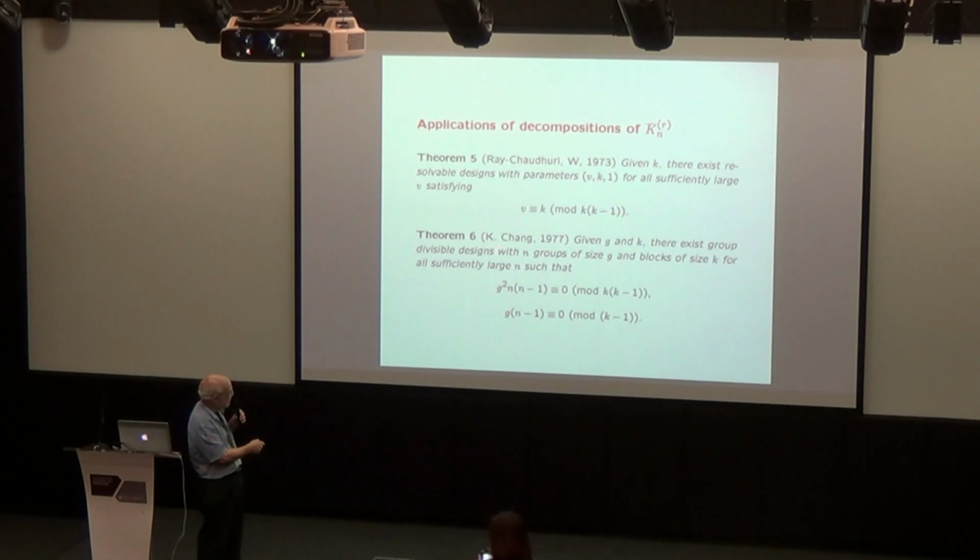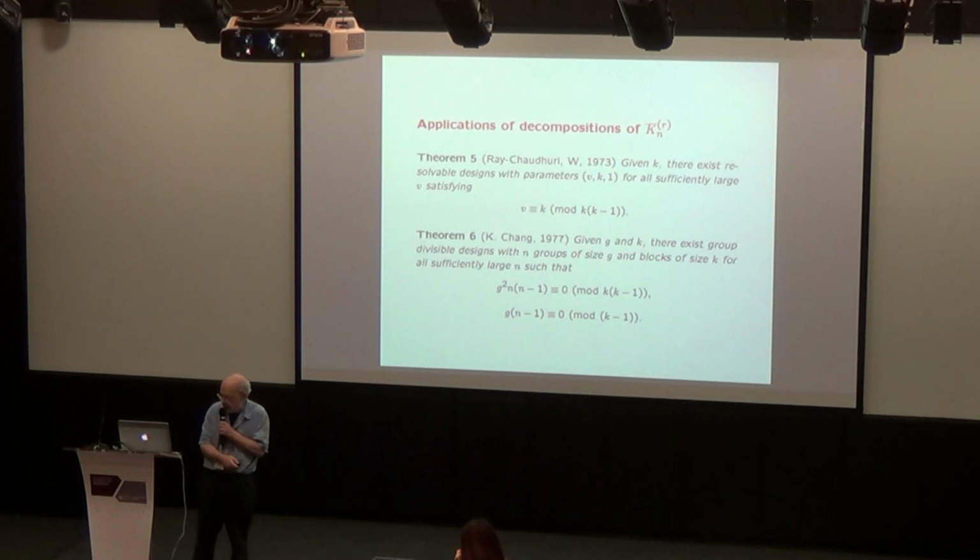So this one, for example, is Kurt Chang's thesis under Ray-Chaudhuri in 1977 about the asymptotic existence of so-called group divisible designs. There are n groups of size g and blocks of size k. These are parameters.